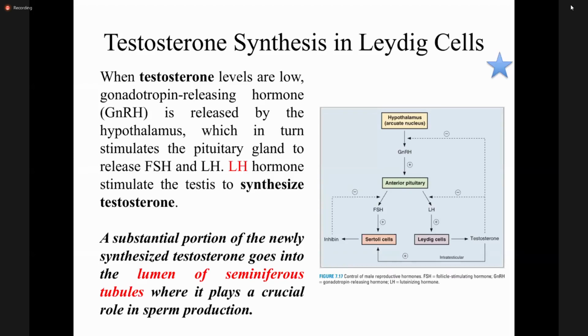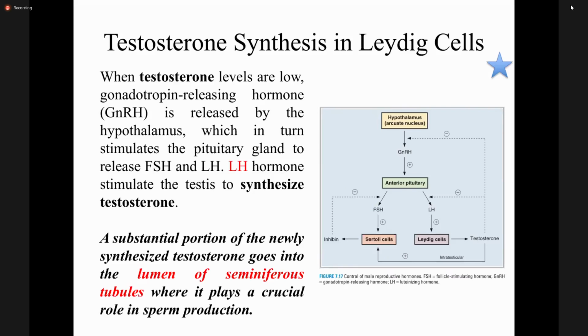GnRH positively impacts the anterior pituitary for the release of two hormones, LH for the Leydig cells and FSH for the Sertoli cells. LH prompts the Leydig cells to compose testosterone by breaking down cholesterol and transforming it into its active form.